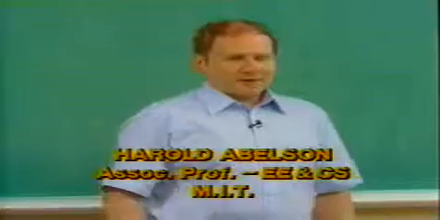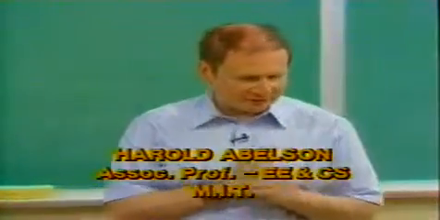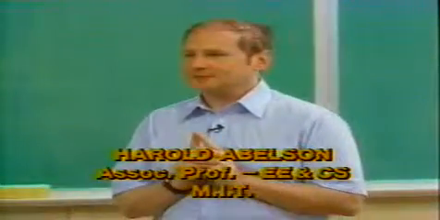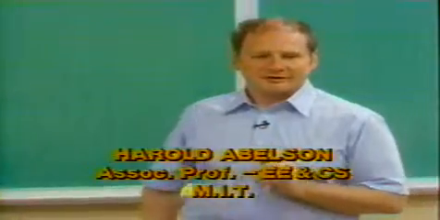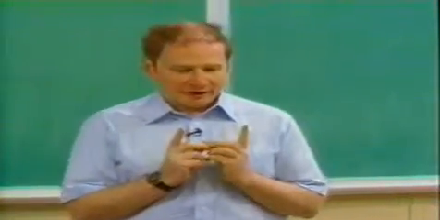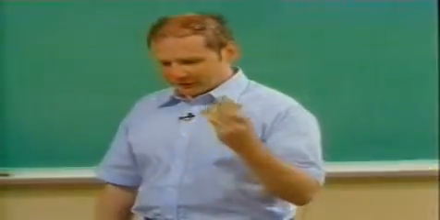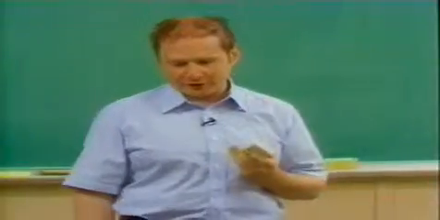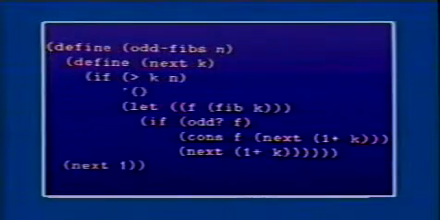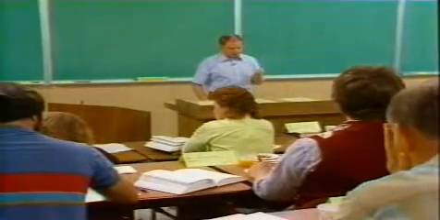Well, by now you should be starting to get suspicious. I've showed you this simple, elegant way of putting programs together, very unlike these other traditional programs that sum the odd squares or compute the odd Fibonacci numbers, programs that mix up the enumerator and the filter and the accumulator.